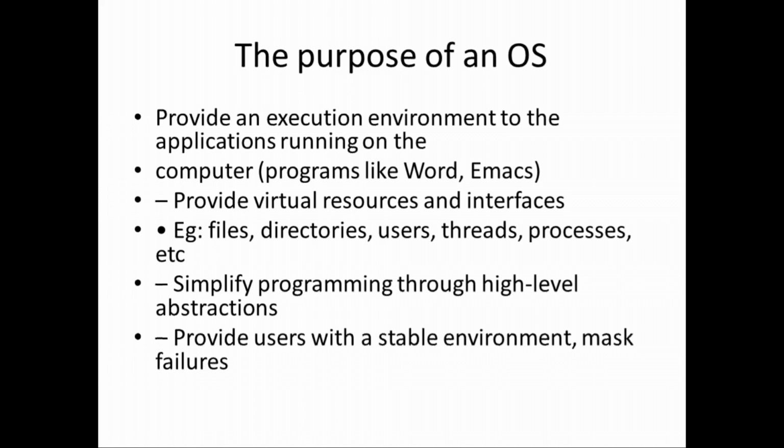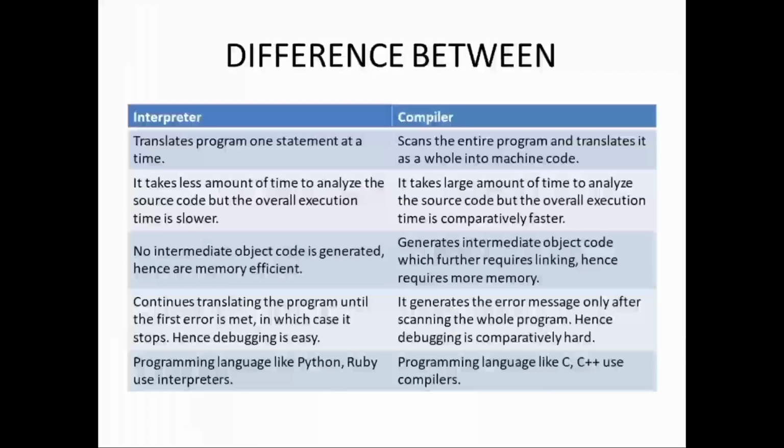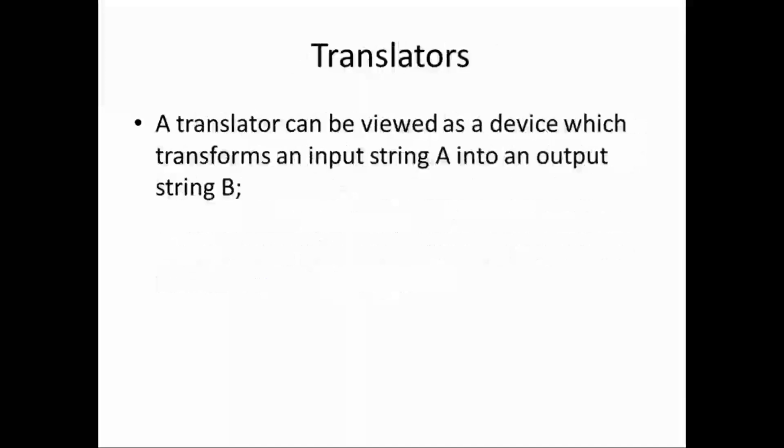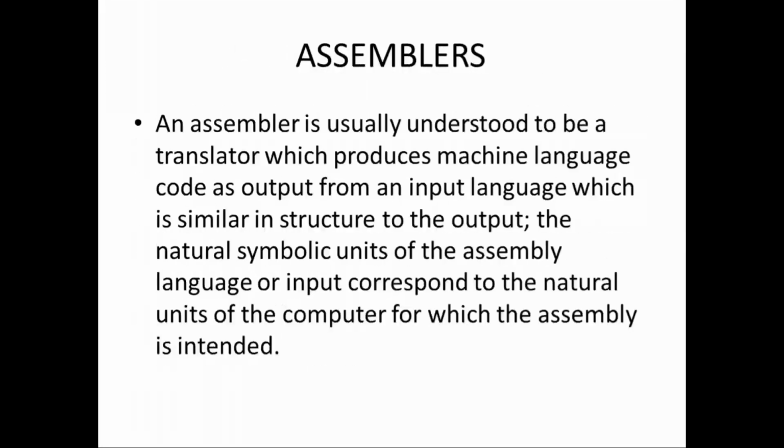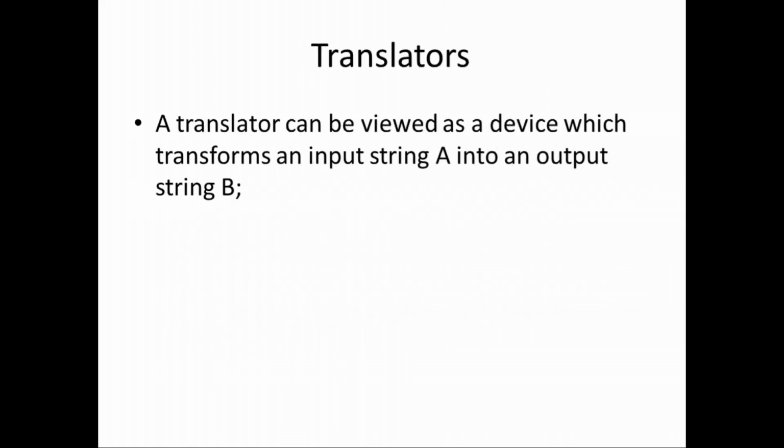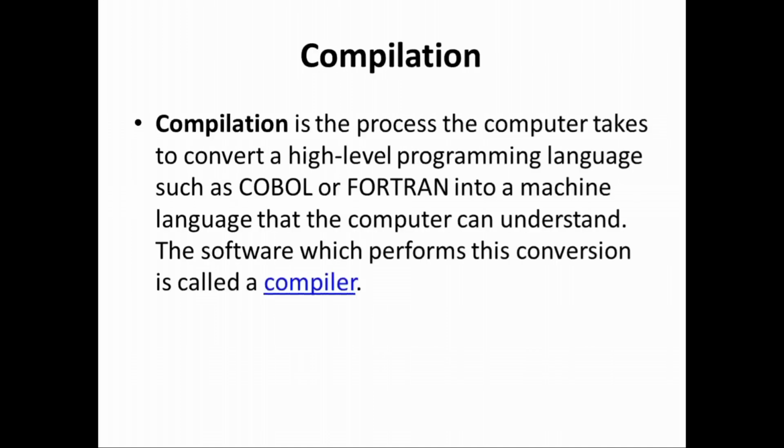And then if you go back to when we were talking about compilation, translators, and assemblers, we said the assembler is understood to be a translator which produces machine language code as output from an input language, which is similar in structure to the output. Then we went on to talk about compilation. It is the process the computer takes to convert a high-level programming language such as COBOL or Fortran into a machine language that the computer can understand.